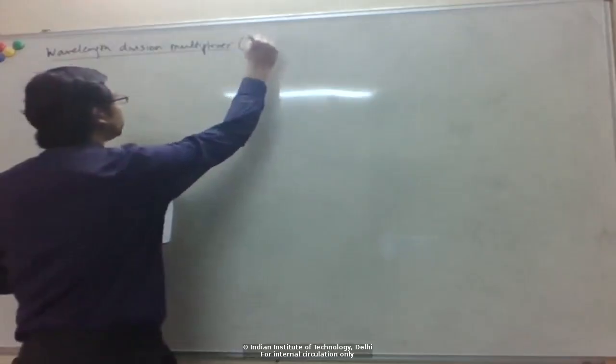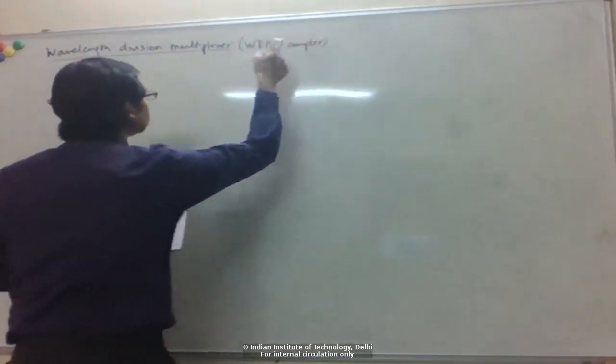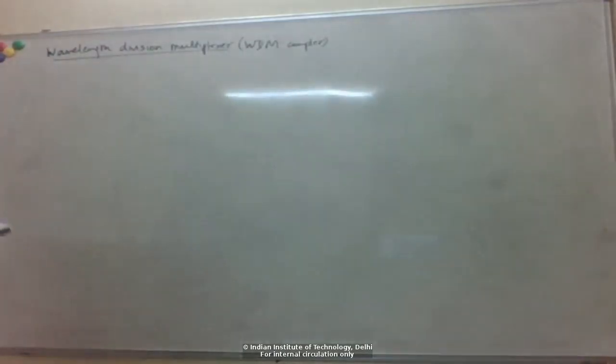Also sometimes known as a WDM coupler. WDM stands for wavelength division multiplexing. So as the name suggests, for various applications, we sometimes want to combine or separate signals on two different wavelengths.